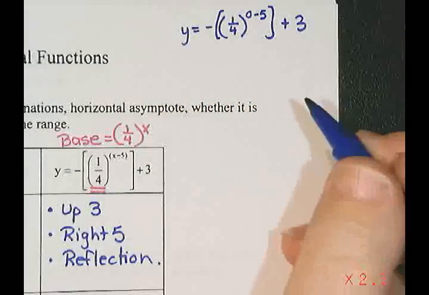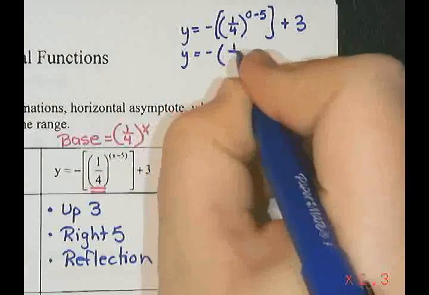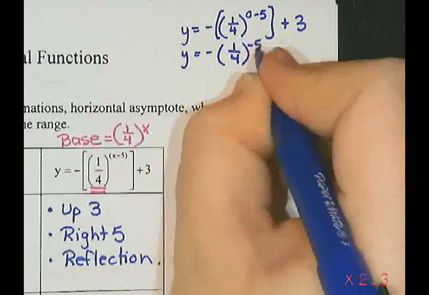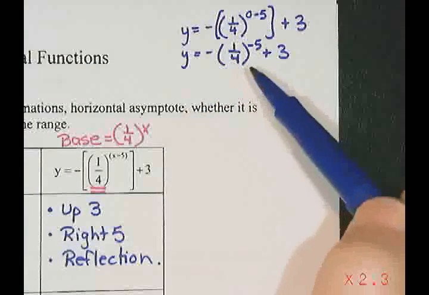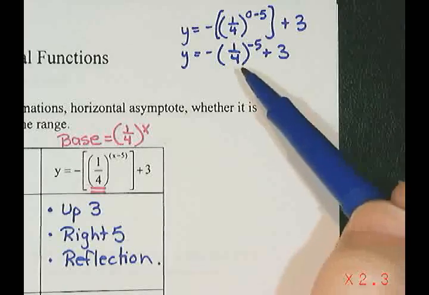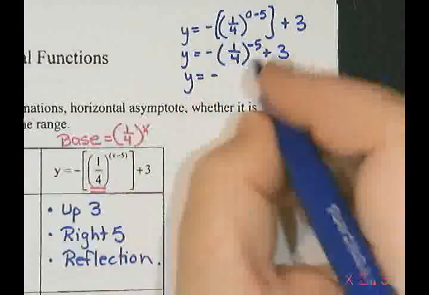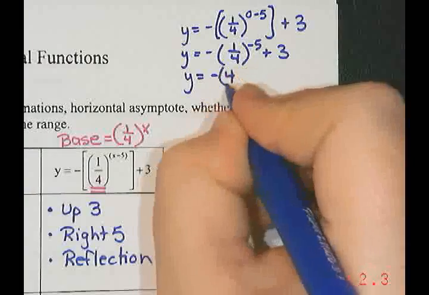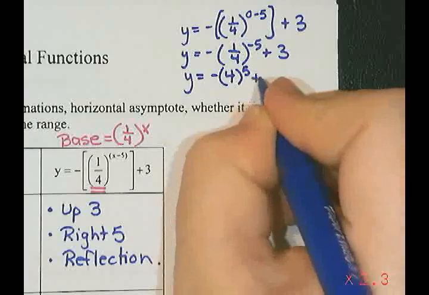So 0 take away 5 is negative 5. A negative exponent makes a fraction. This is already a fraction. A negative exponent has a flipping over action. So what it's going to do is take that 1/4 and flip it over to make it a 4/1, or a positive 4 to the power of 5.